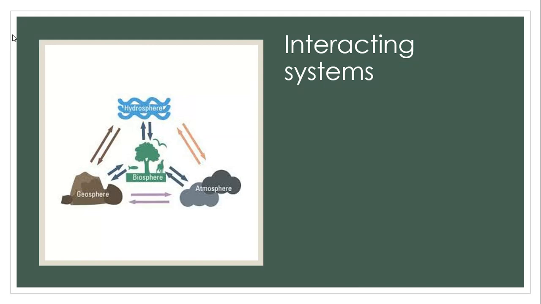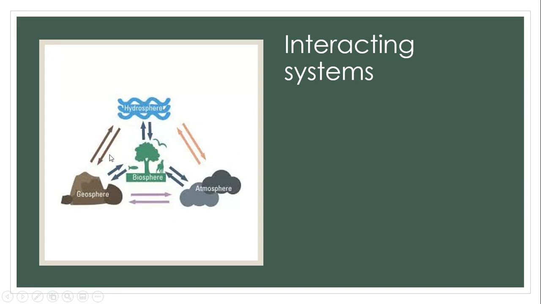First, let's just recap our interacting systems. Like I was saying before, we have our hydrosphere, which is all water, biosphere, which is all life, atmosphere, which is all air, and sometimes you'll see it as geosphere instead of lithosphere. Really, I would prefer lithosphere because it's specific to the crust and upper mantle, and the geosphere is going to include everything on Earth, which I think is a bit redundant if you're trying to separate this from these other systems, but that's just me.